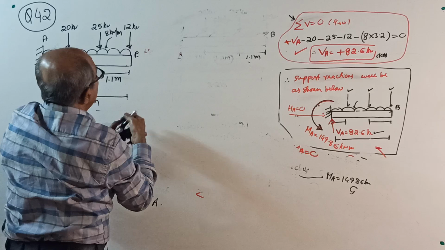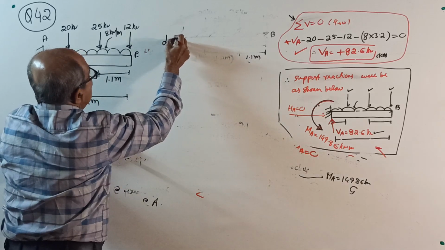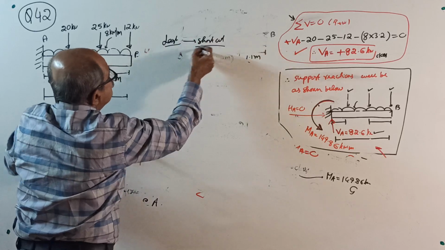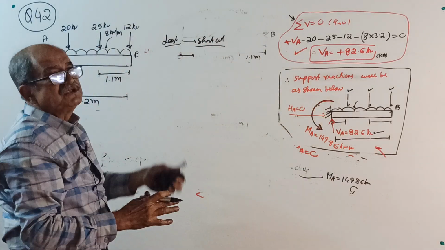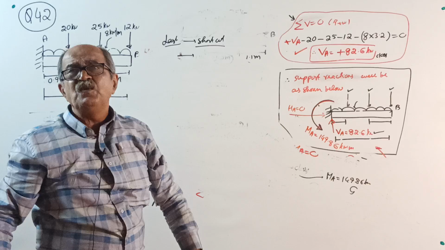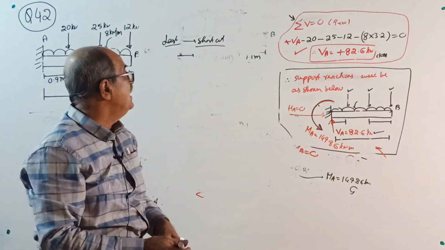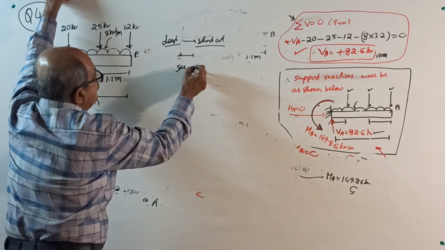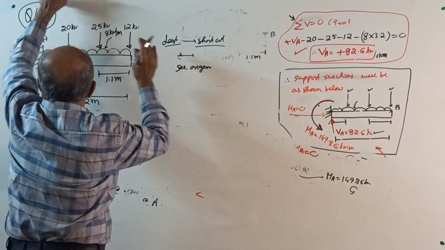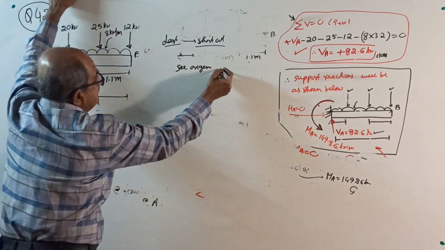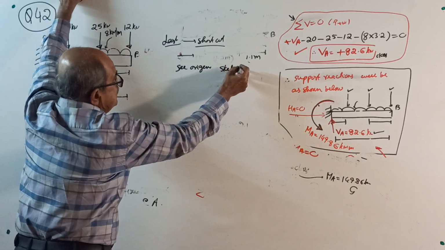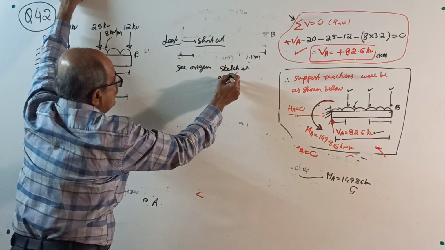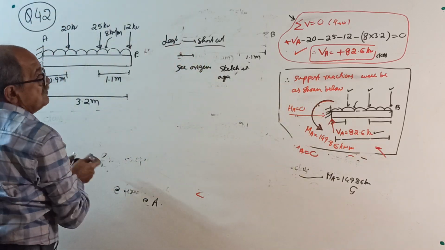This is the shortest possible shortcut, useful for competitive examinations where only the answer is required. Nobody wants steps from you. See the original beam, and sketch it once again. Then start.